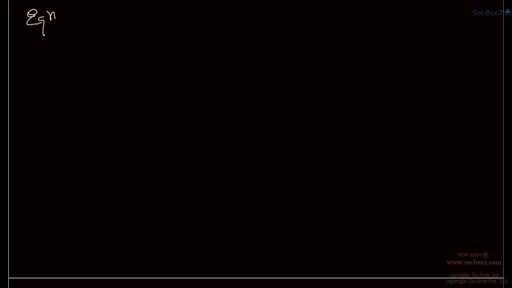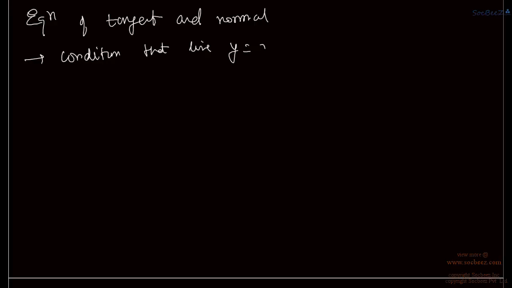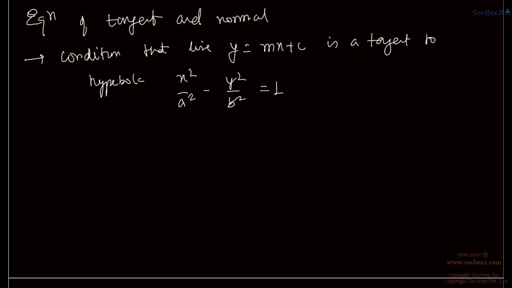Now the equation of tangent and normal to the hyperbola. The condition that line y is equal to mx plus c is a tangent to hyperbola x square upon a square minus y square upon b square is equal to 1 is that c square is equal to a square m square minus b square.